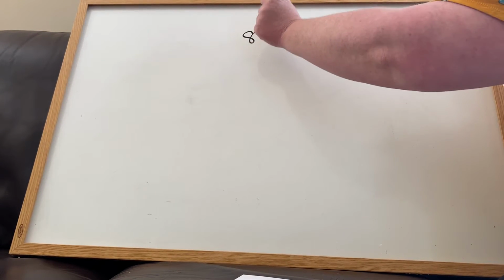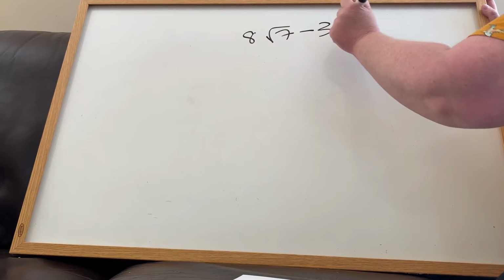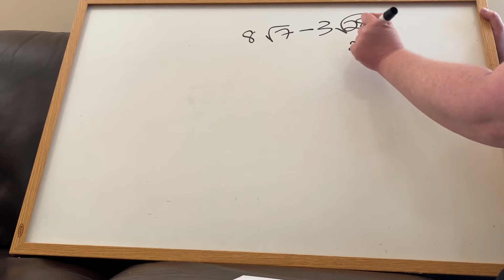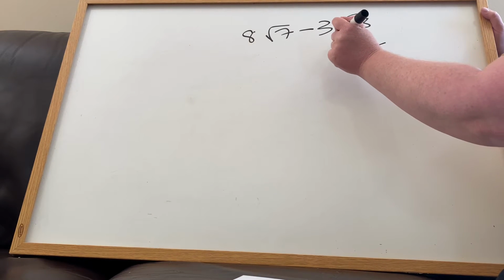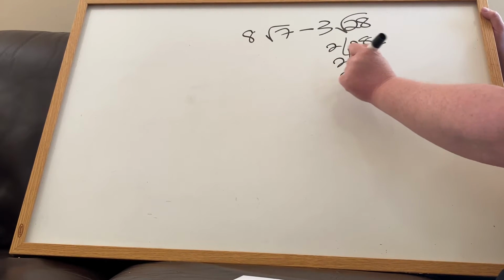So looking at the first one, you've got 8 root 7 minus 3 square root 28. So the square root of 7 doesn't break down because 7 is a prime number, but 28 will break down like with simplifying. So you'll divide it by 2, you get 14, 2, 7, 7, 1.